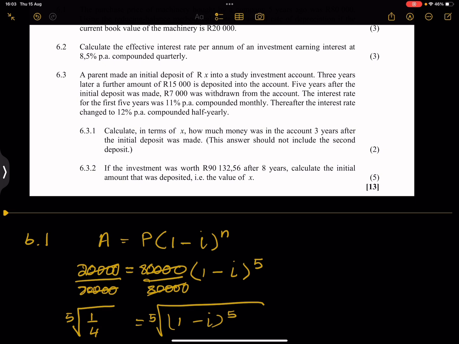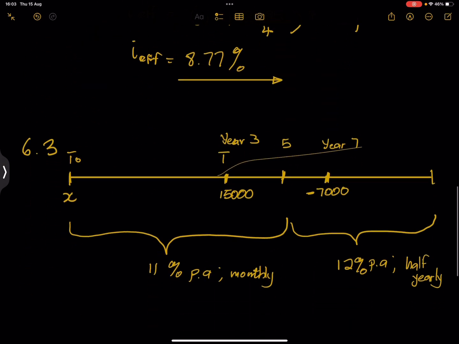They say calculate in terms of X how much money was in the account 3 years after the initial deposit was made. So now we want to find out how much we had in 3 years' time.